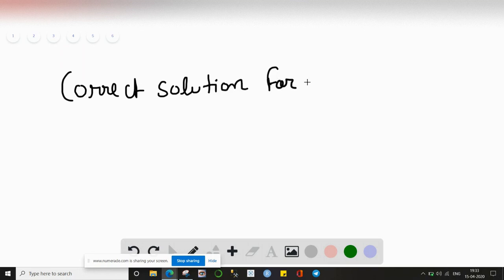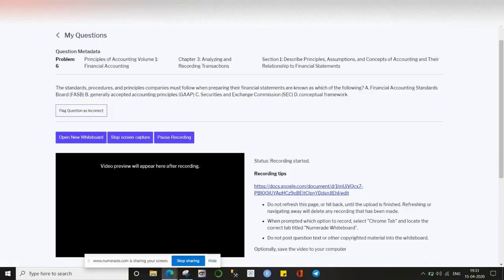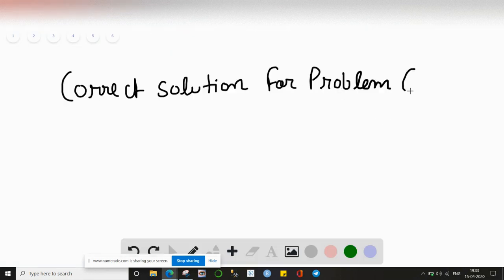So the correct solution for the given problem, for problem 6, is P.